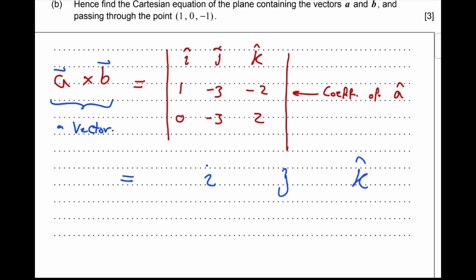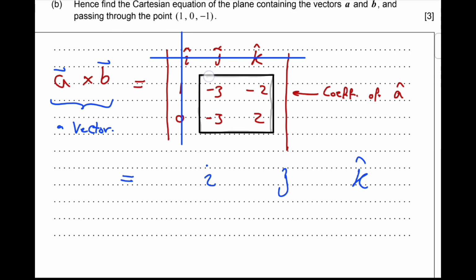To find the first coefficient, you cross out the first row and the first column, and then determine the determinant of this 2 by 2 matrix. So you will have the determinant of -3, -2, -3, and 2.